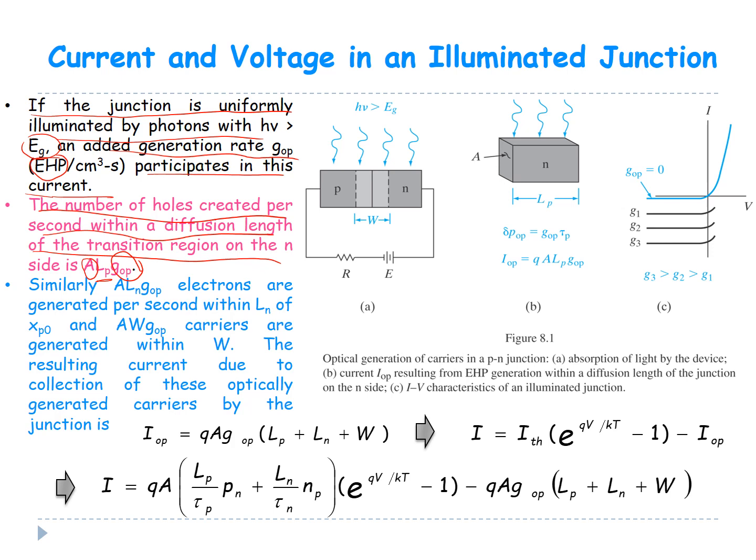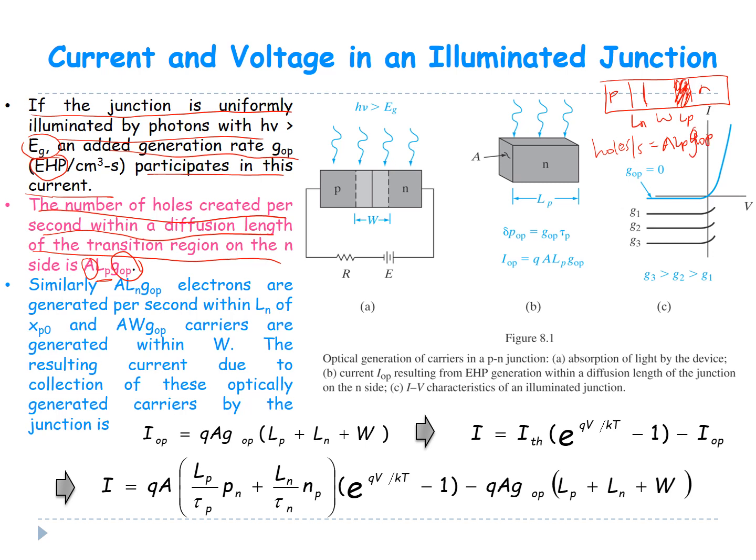So if I could just draw here for you, we've got our W there. So this is our P, this is our N, and we are saying here is Lp and over there is Ln. So we are just considering the holes created here, and we are saying the number of holes per second is equal to A Lp GOP.